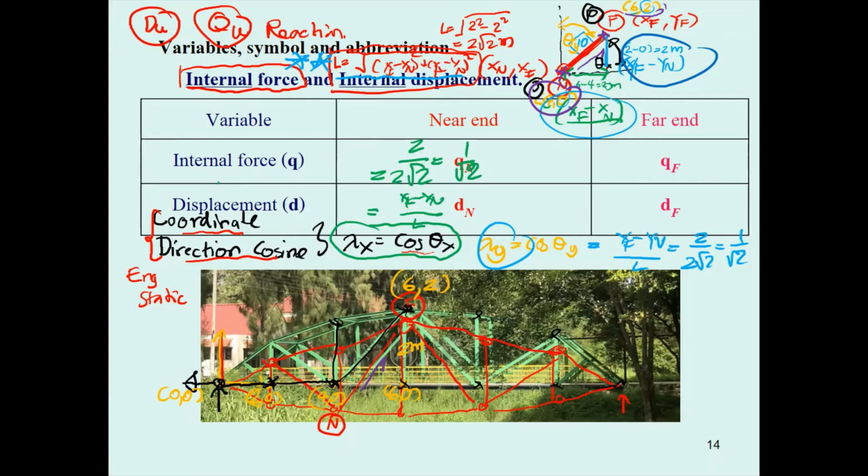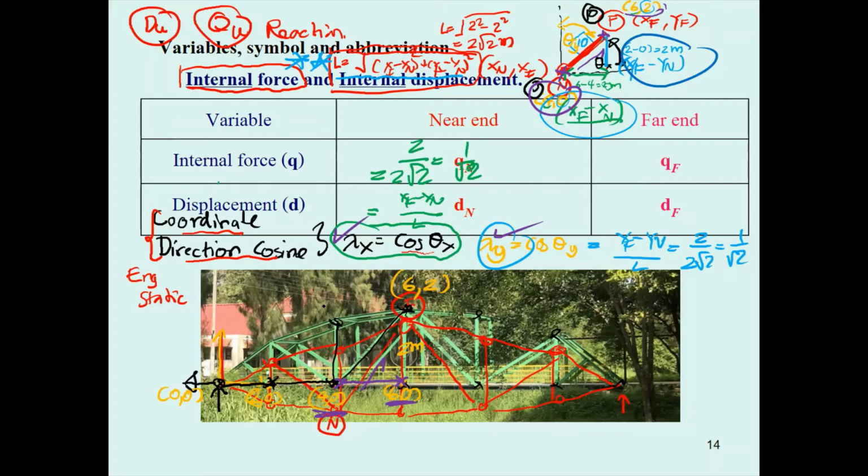Those kinds of things are defined in the computer program. When you put the data into the line here, the computer knows the node, the member, the coordinates, and the computer can compute the coordinate direction cosine of each member.